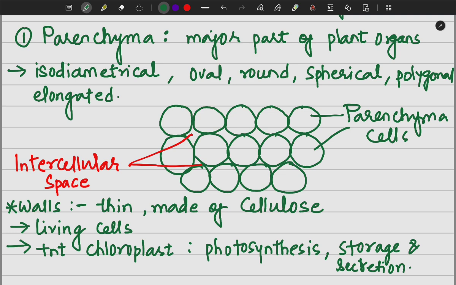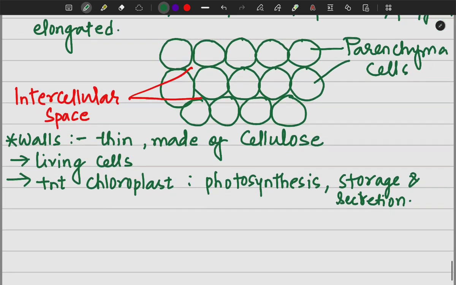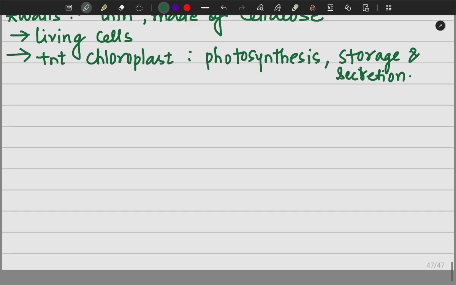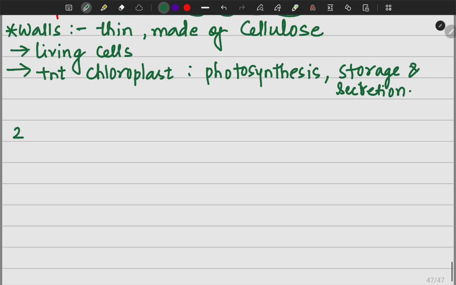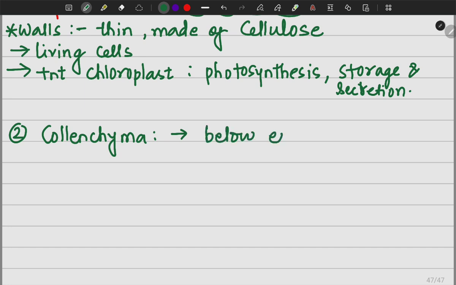Now let us move on to the next type of the cell, which is the collenchyma. The collenchyma cells are found just below the epidermis in dicots.